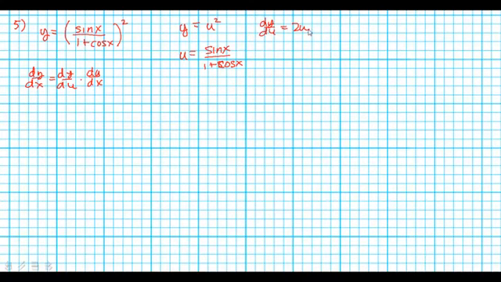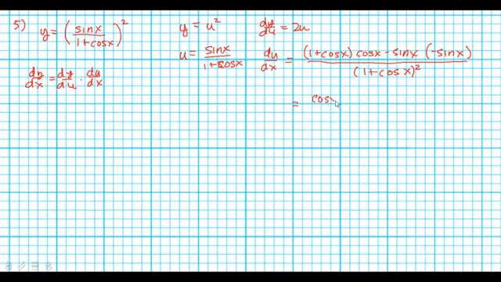would be equal to 2u, and du dx ends up following the quotient rule, which is bottom times the derivative of the top minus the top times the derivative of the bottom all over the bottom squared. Let's clean that up a little bit.